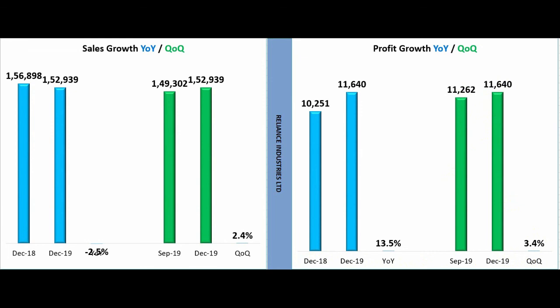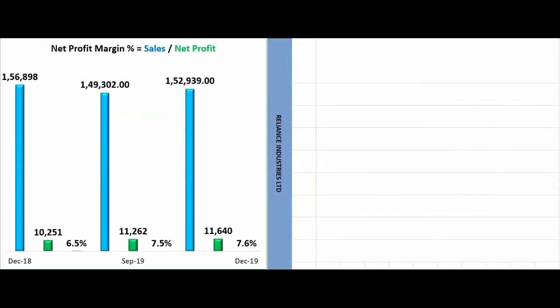Understanding the quarterly analysis is also important to see how the company is progressing through these quarters. Net profit margin on a quarterly basis was less than 8%. In December 18 it was 6.5%, and in December 19 it was somewhere around 7.6%, where it was 7.5% in September 19.